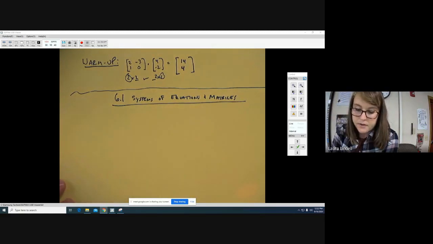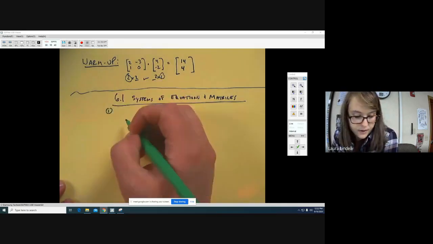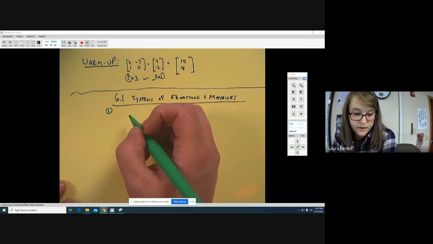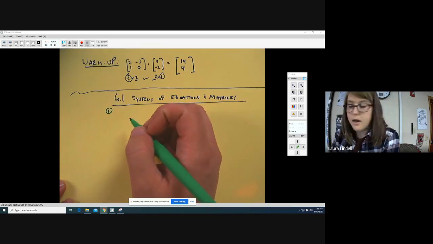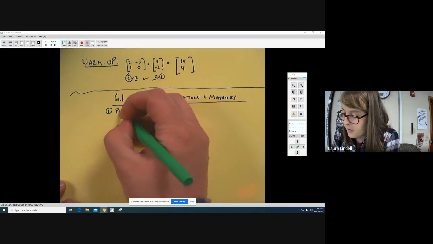Okay, and so today we're going to go over kind of 3 main things. First one is putting a system of equations into something called an augmented matrix.